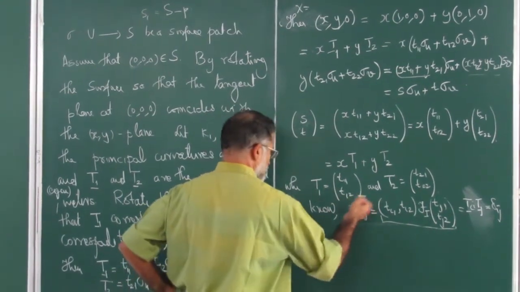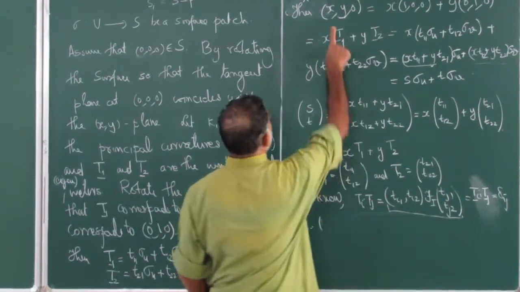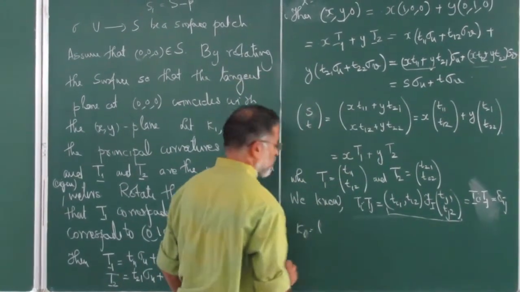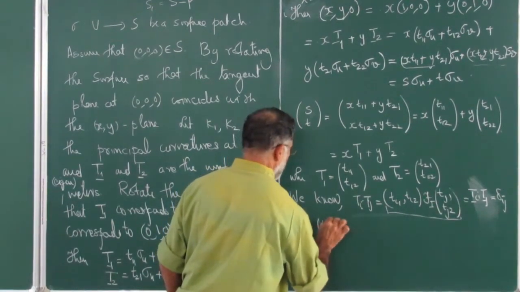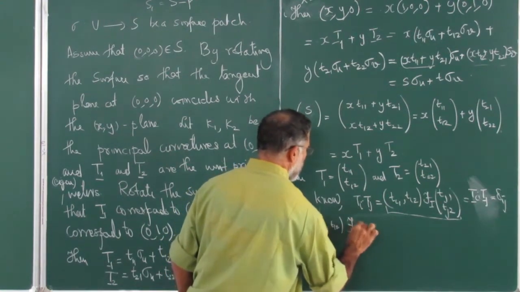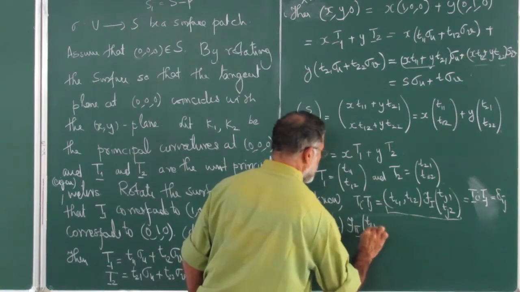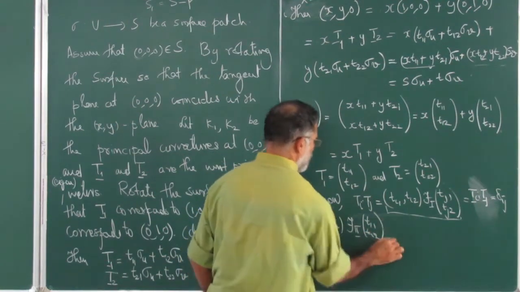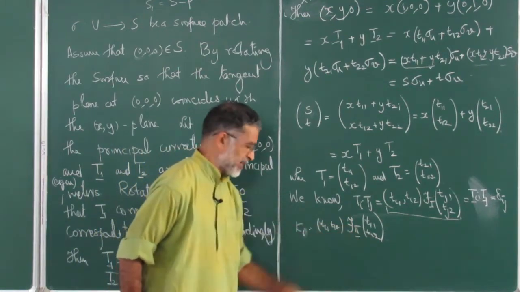So in particular, in these particular directions, kappa 1 and kappa 2, those are the normal curvatures in that direction. Kappa i is equal to Ti1, Ti2, F2, Ti1, Ti2. So this is, of course, going to be kappa T1, etc.